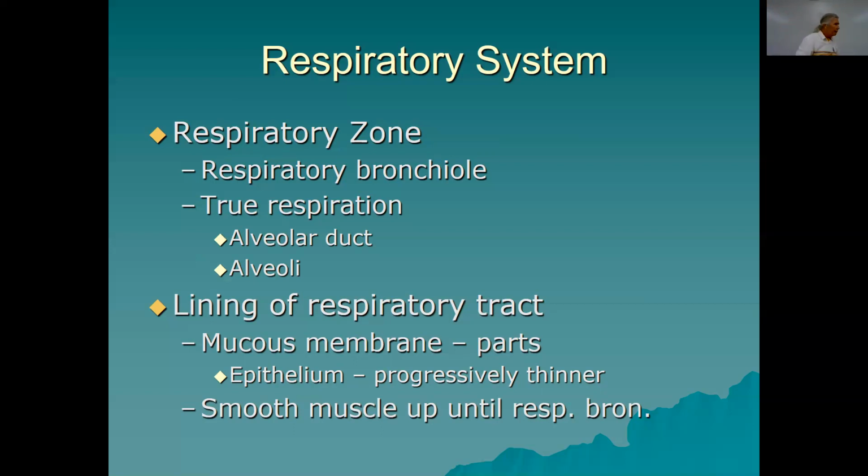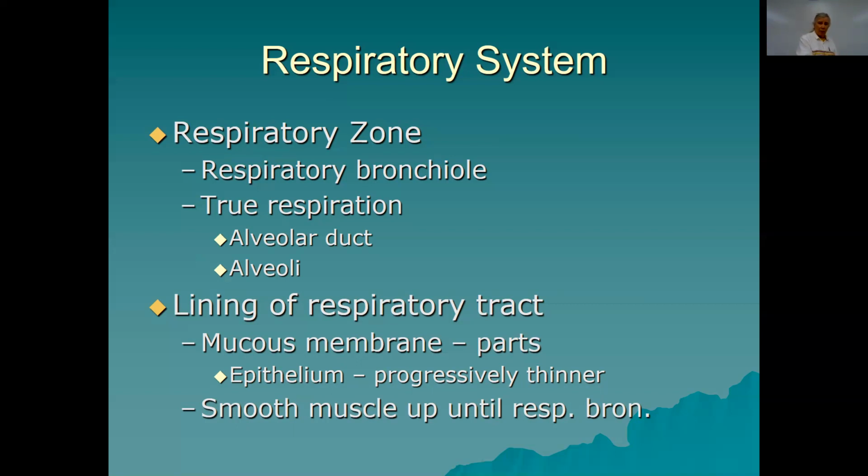And if you realize that when you breathe in, you don't just breathe in air. You breathe in all kinds of stuff: dust, fungal spores, bacteria that are floating in the air. Now, you don't want this stuff to get down into those alveoli.